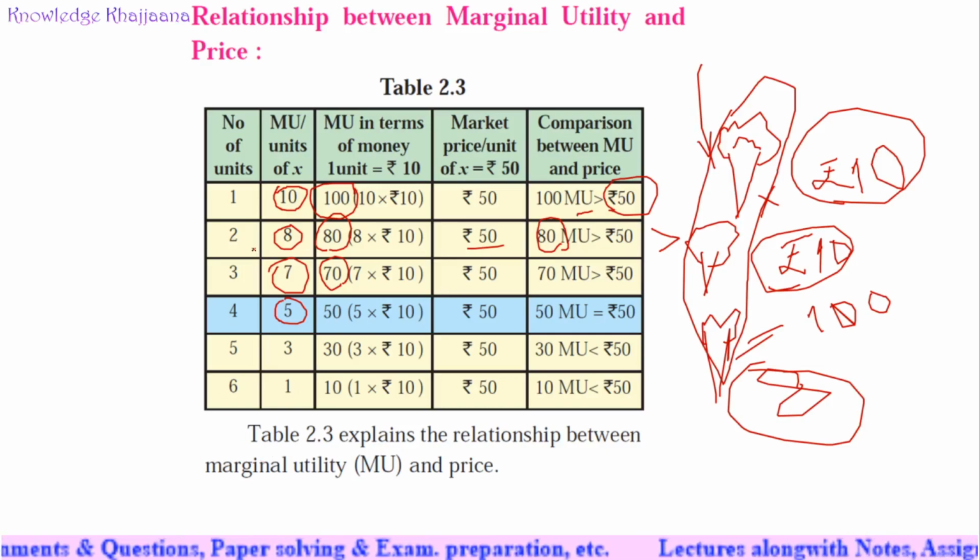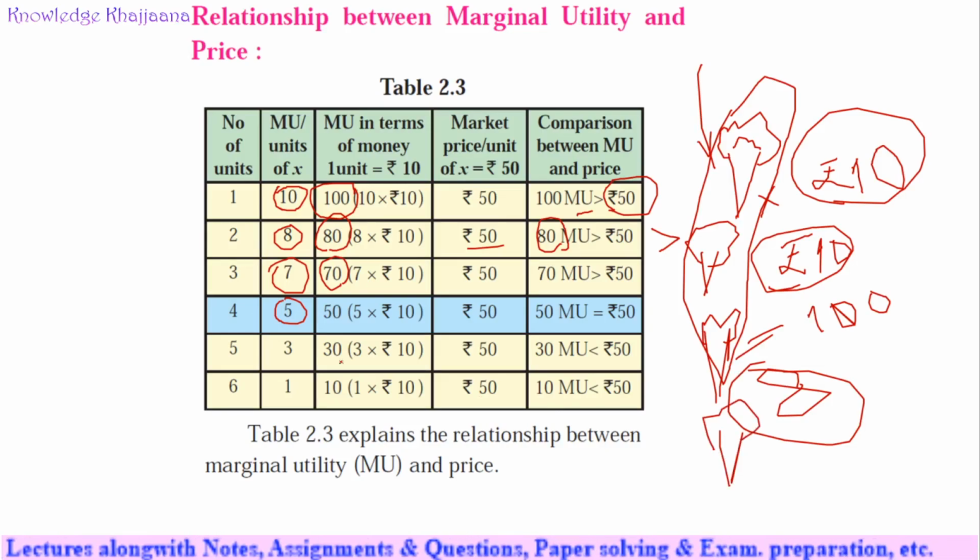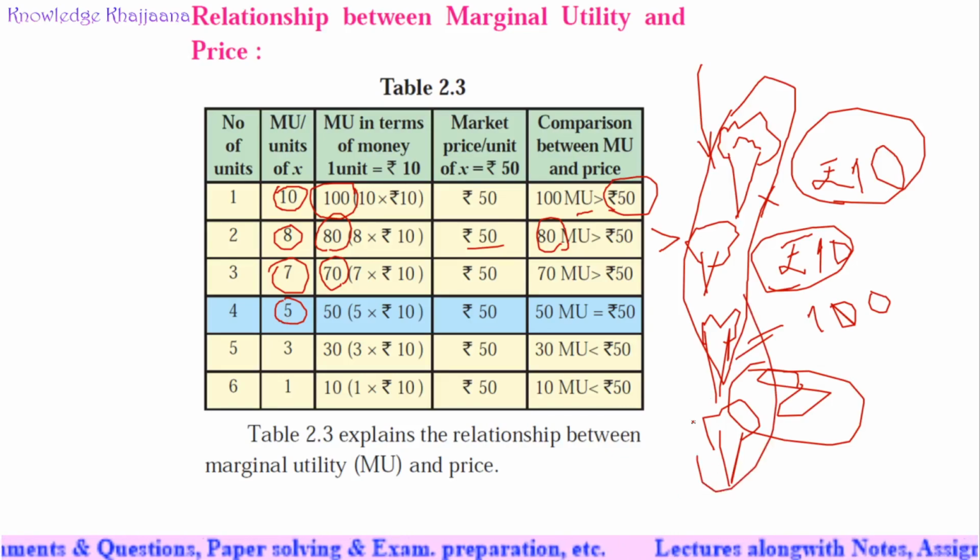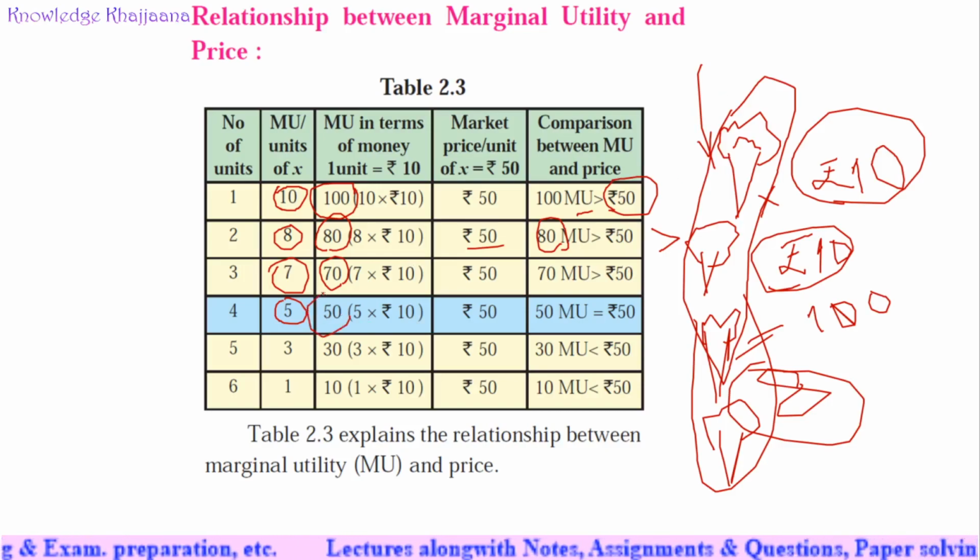Then he consumes one more ice cream. After consuming the fourth ice cream, he says that I'm satisfied now. It's enough. I have reached the satisfaction level. So he says that the marginal utility is 5 now. What is the marginal utility? 10 into 5, because he got 5 utils, so 50 is the marginal utility of consuming this ice cream.